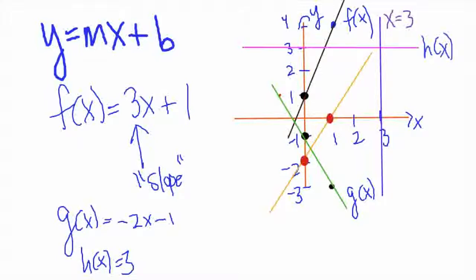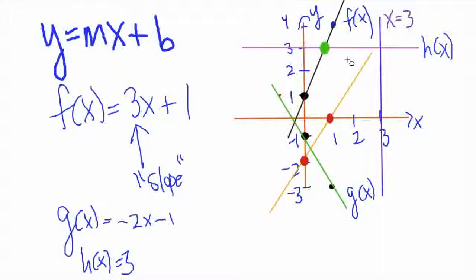Let me put a dot where they intersect. I'll make it a green dot. So what if we wanted to know the coordinates of that green dot? It looks like it might be about 1, 3, maybe a little bit less, maybe 0.9, 3, whatever.